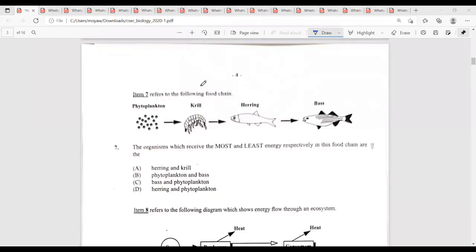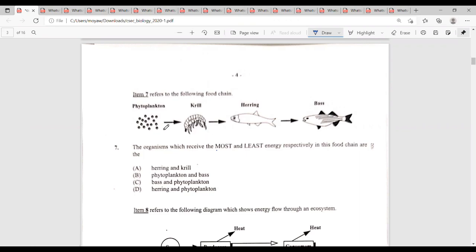Question 7. Item 7 refers to the following food chain. As usual, we move to the question. The organisms which receive the most and least energy respectively in the food chain are the... So we're looking for the organism that gets the most and the least energy. So we have phytoplankton, we have krill, we have herring, and we have bass.